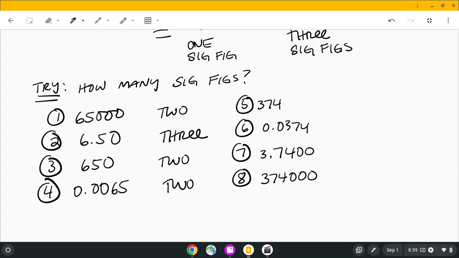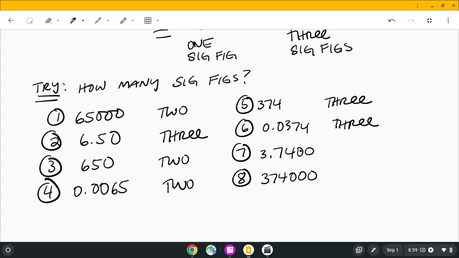All right, so this one here has 3. It's always when there's zeros involved where it gets a little confusing. Over here, again, we have to start with the first non-zero number. So this doesn't count, this doesn't count. So 1, 2, 3. This one over here, these are trailing zeros.